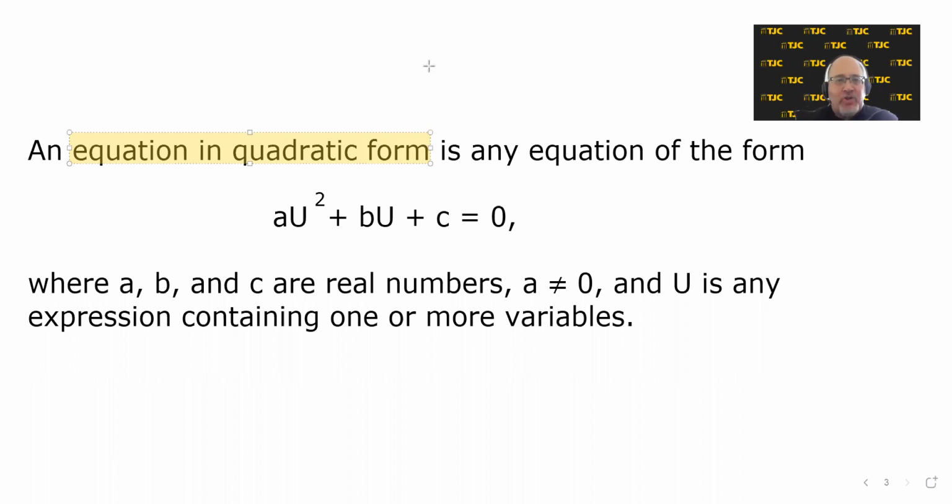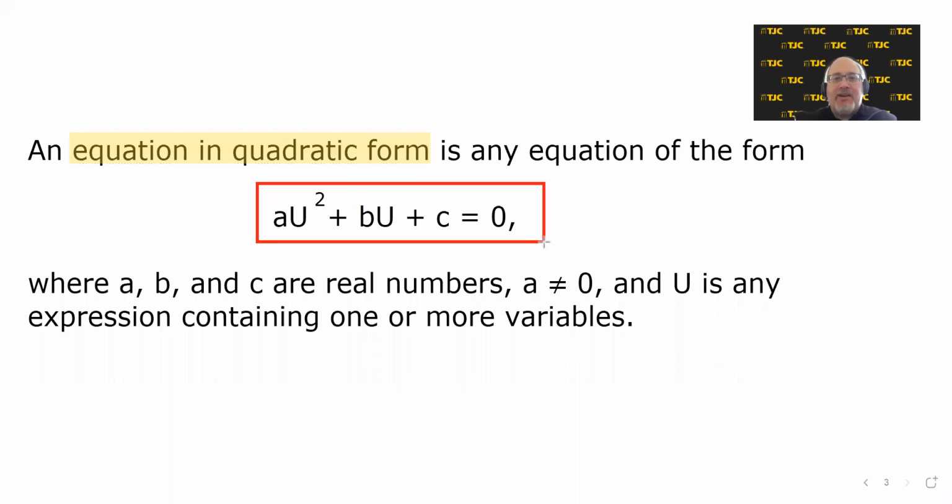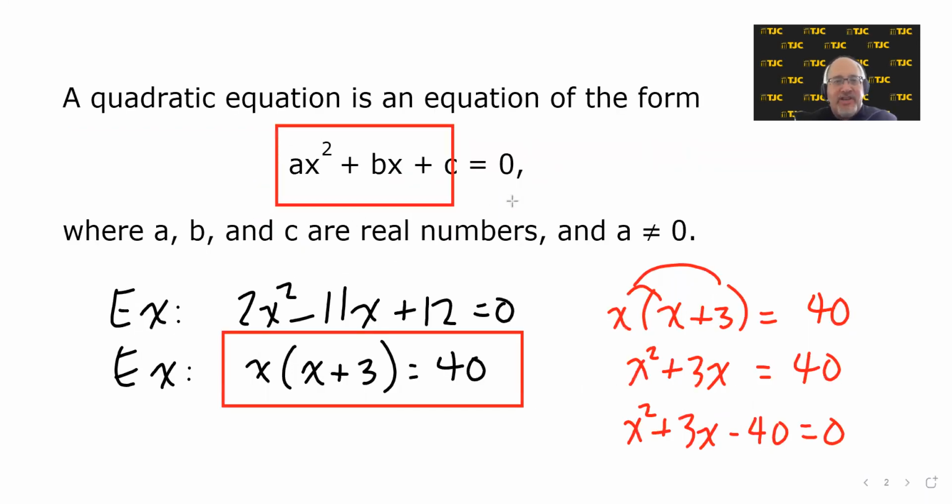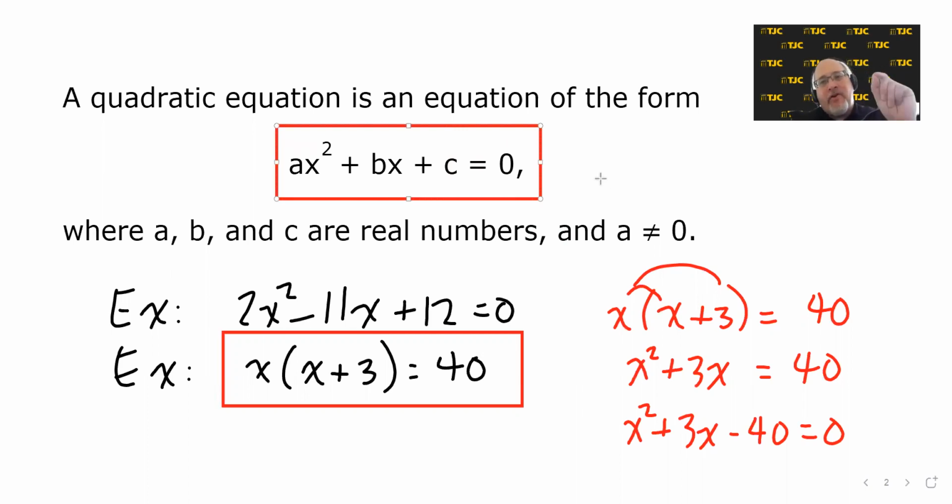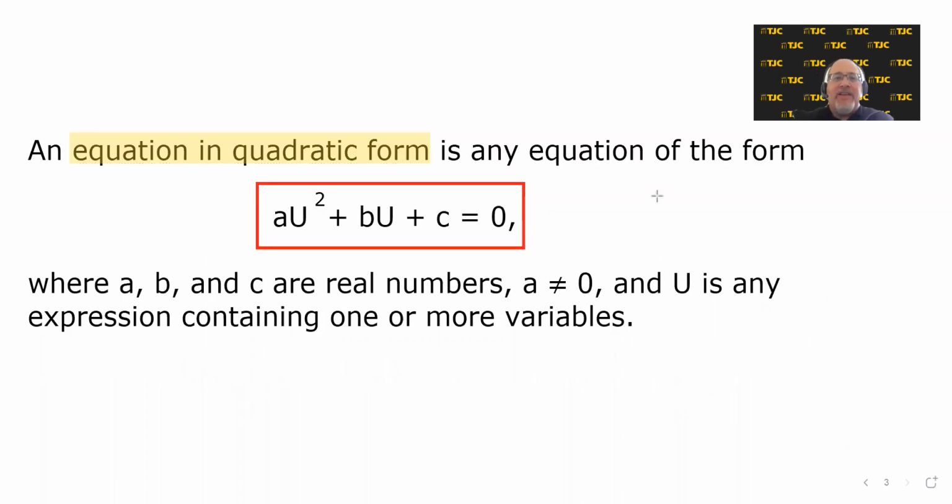Now, structurally, this equation that I'm putting in a red box is identical to this equation. The only difference is in this one, I have a single variable x in two places in the equation. And here I have what looks like a variable u, and technically it is, but it's explicitly representing some expression containing one or more variables.